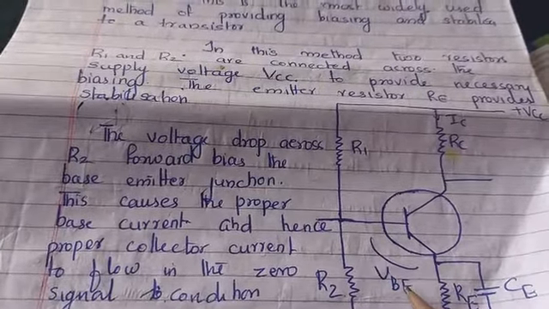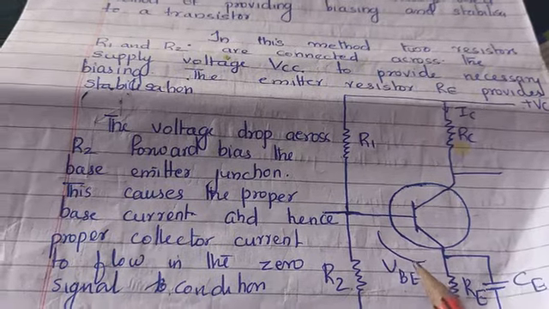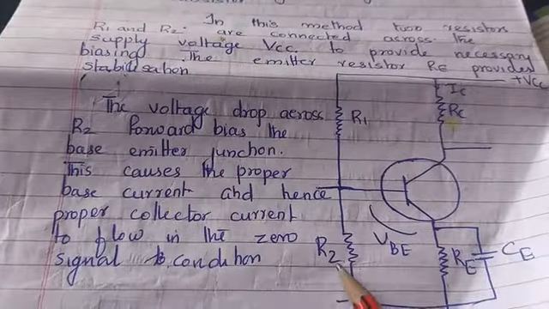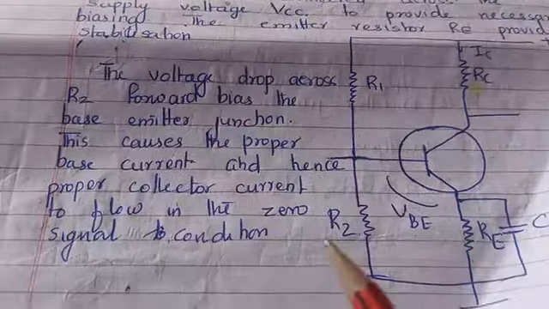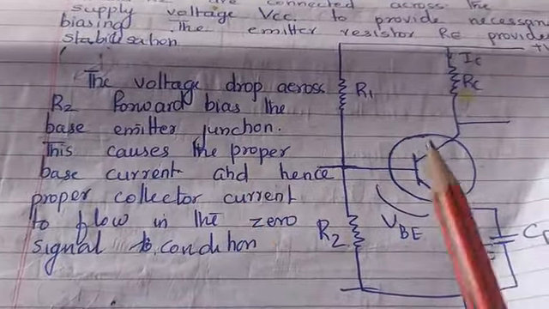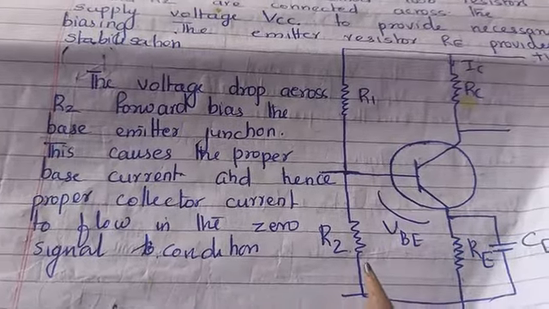For stabilization, we require the necessary base emitter voltage. For faithful amplification, the required base emitter voltage is supplied by the two resistors R1, R2 and the emitter resistor RE. The voltage across R2 forward biases the base emitter junction. This causes proper base current and hence proper collector current to flow in the zero signal condition.